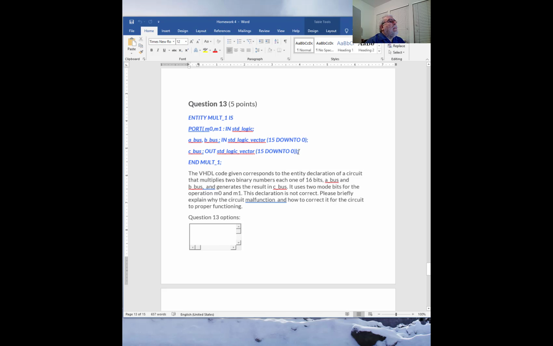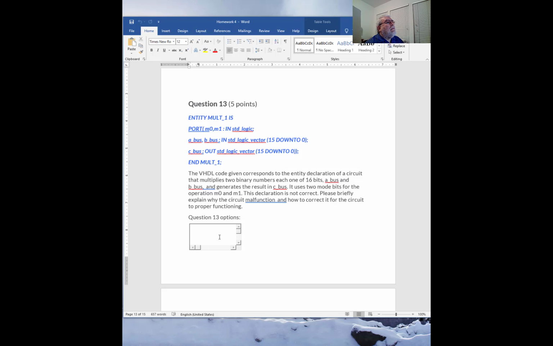So that means that in order to get sufficient digits to express the product, it has to be the sum of these two. Okay, that's something that we learned in the lab.